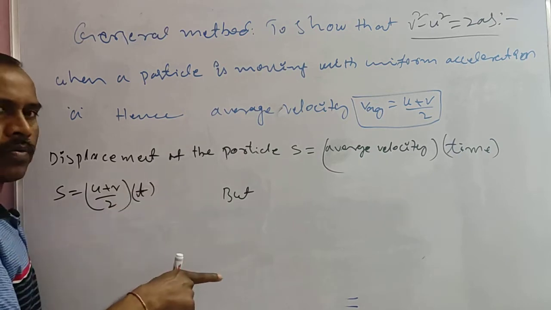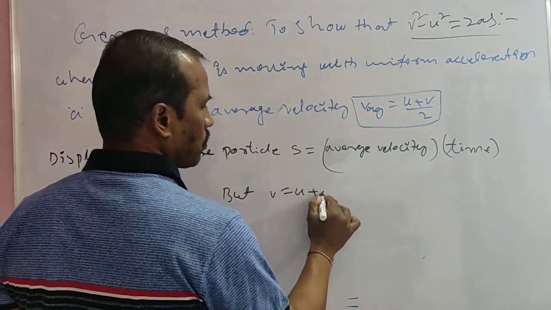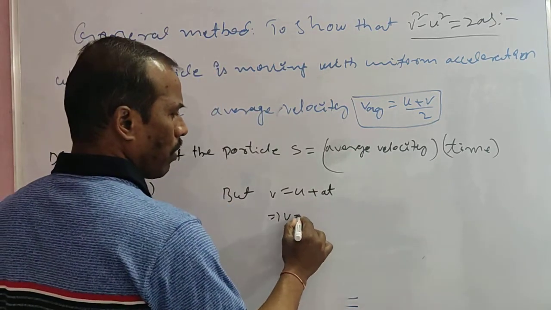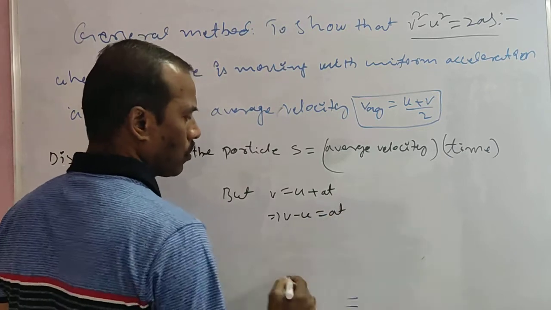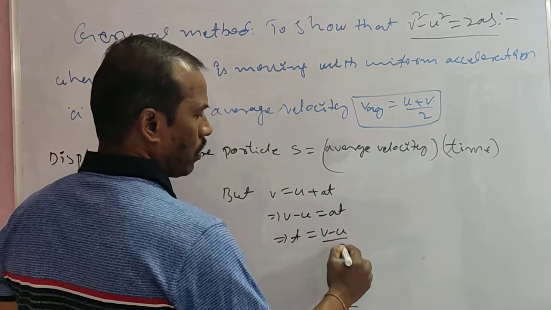According to the first equation of motion, v is equal to u plus at, so v minus u is equal to at. So t is equal to (v minus u) by a.